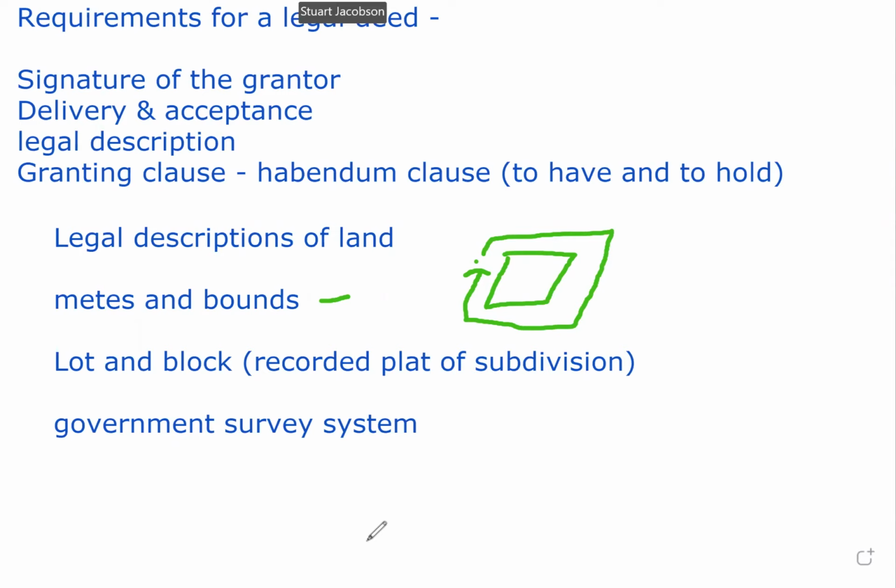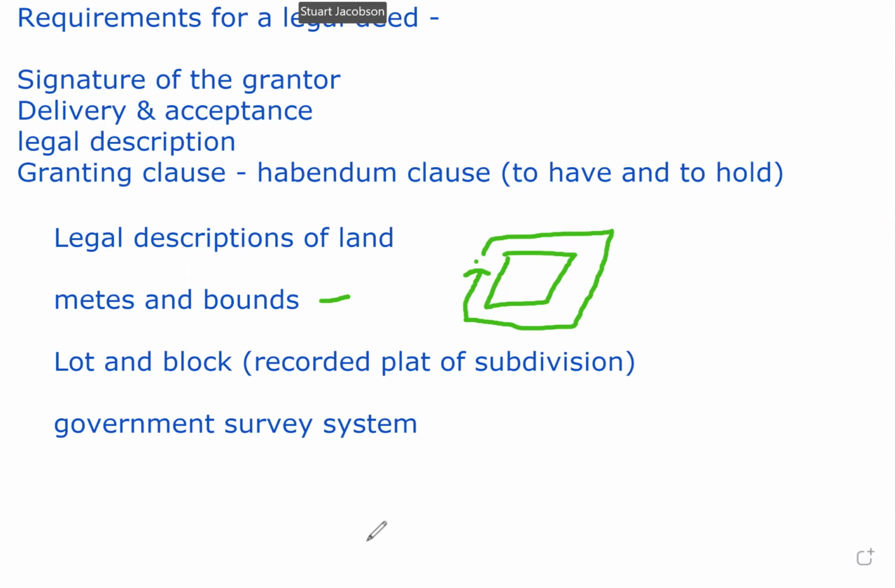basically describing land. Now, here's what happened. They quickly realized that there were some flaws in the metes and bounds system. Some of those flaws are they were using markers such as go 50 feet to Mr. Smith's oak tree. Well, guess what? 50 years later, Mr. Smith's oak tree isn't there. And Mr. Smith probably isn't even there.